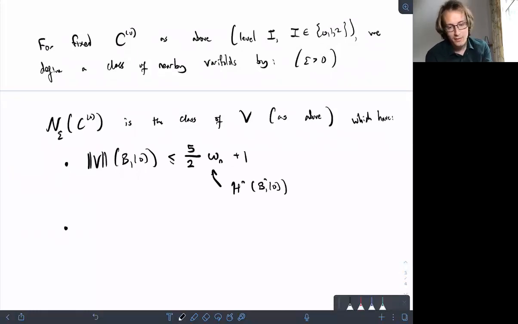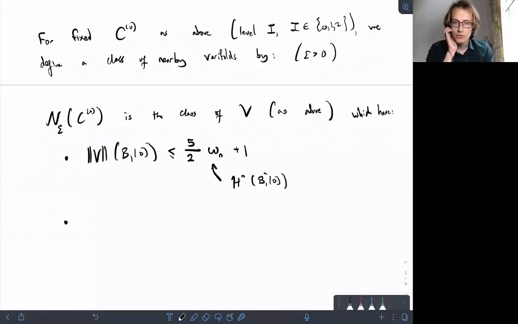And we have a certain closeness condition depending on an excess, and this is now a two-sided excess.